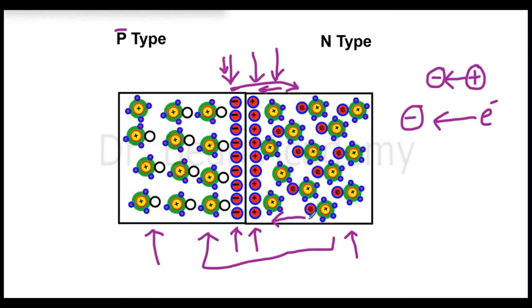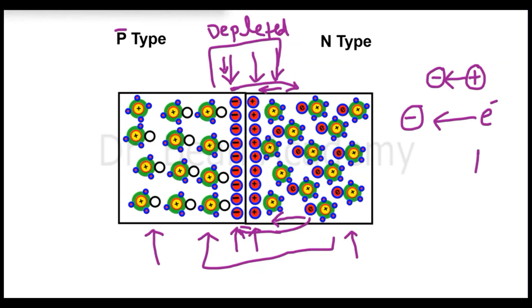And if the free electrons from the n-type cannot cross this barrier, we call this area which has been set up between positive and negative charges a depletion region, because it has been depleted of any charges, because we know no charge can exist between the positive and negative charges' electric field.